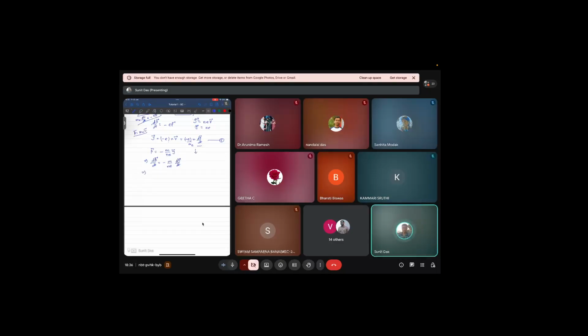So dp/dt will be minus m_e by n e dJ/dt. All are m_e, the electronic mass. Something is actually wrong.